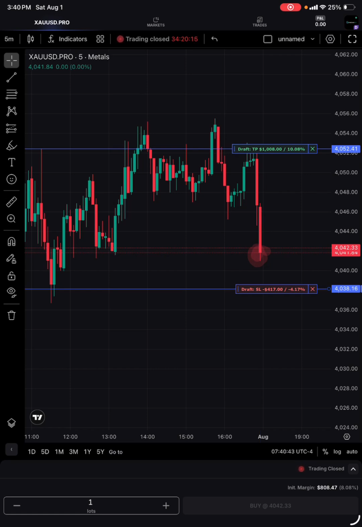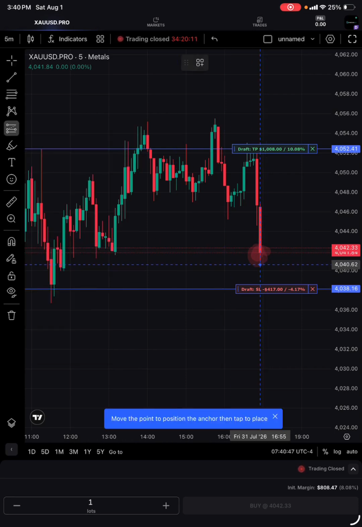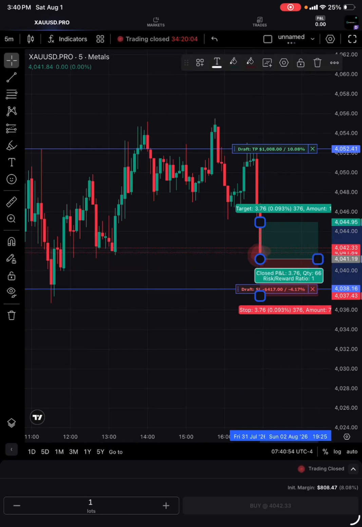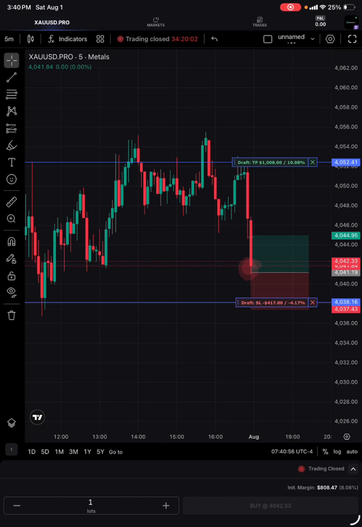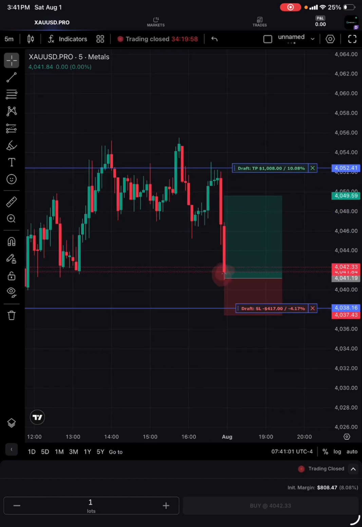So now let me show you another tool you can use, which is the long position. Sometimes when you're starting to trade or you're new, you want to figure out how do I enter, or when you say buy, what is our zone? I'll send that out in the chat. So here's an example.